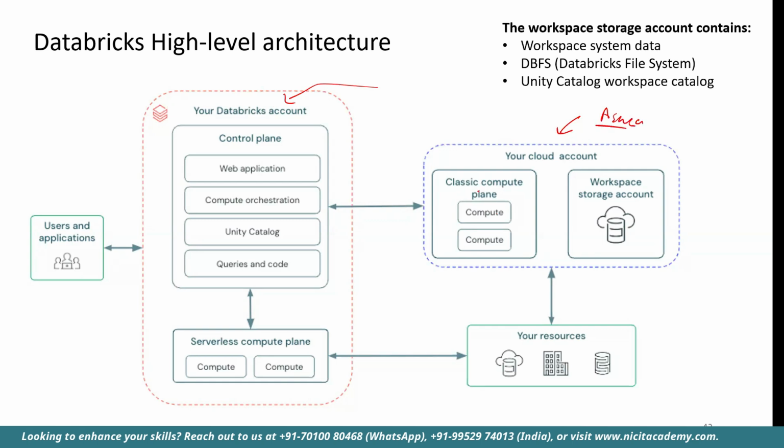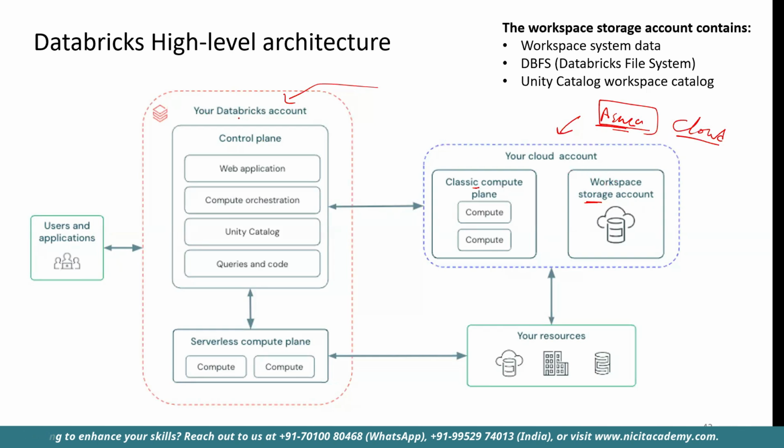Your compute power is being provided from your Azure account, the classic compute power, and your storage account is also created on Azure. This is your cloud provider, either Azure or AWS or whatever else. So these resources are created in your cloud environment.